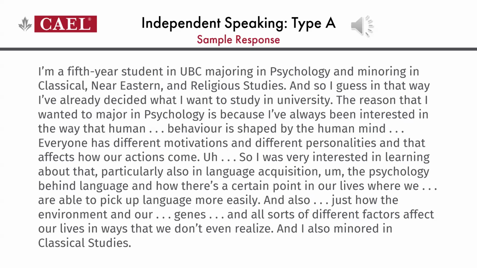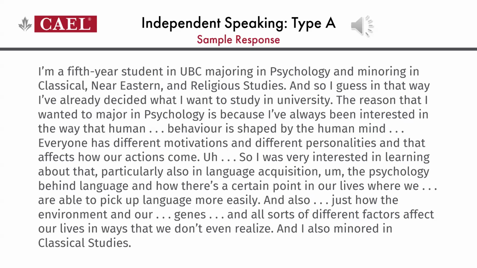So here we go. I'm a 5th-year student in UBC majoring in psychology and minoring in classical, Near Eastern, and religious studies. And so I guess in that way, I've already decided what I want to study in university. The reason that I wanted to major in psychology is because I've always been interested in the way that human behavior is shaped by the human mind. Everyone has different motivations and different personalities, and that affects how our actions come.